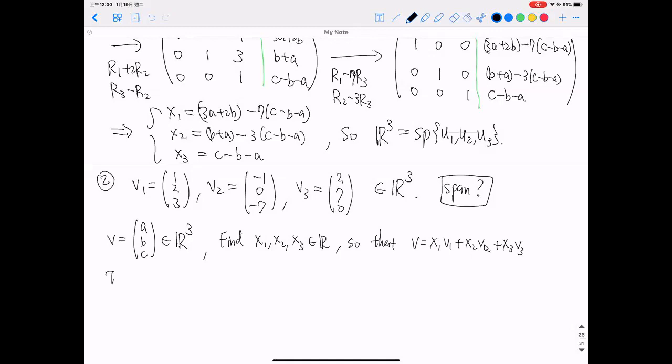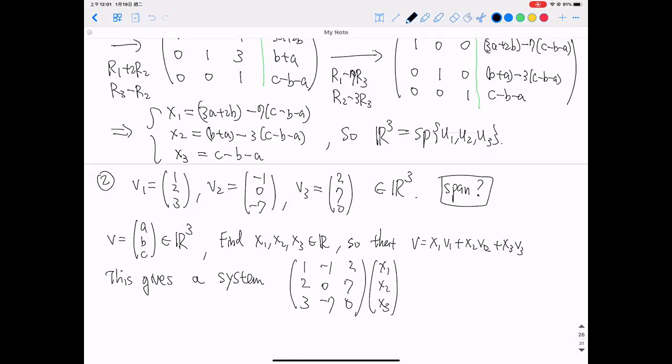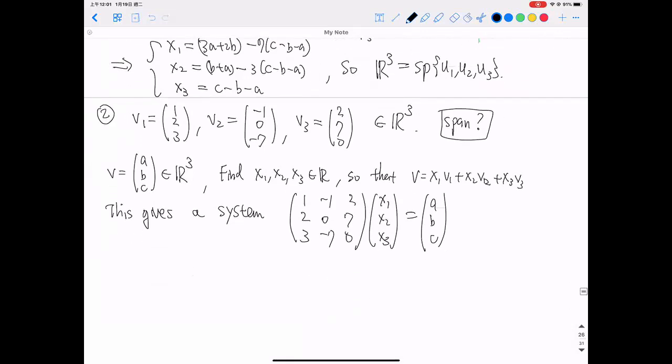Just like the previous example, this gives a linear system, which is 1, 2, 3, minus 1, 0, minus 7, 2, 7, 0, times x1, x2, x3, equals a, b, c. Very well. What can we do?